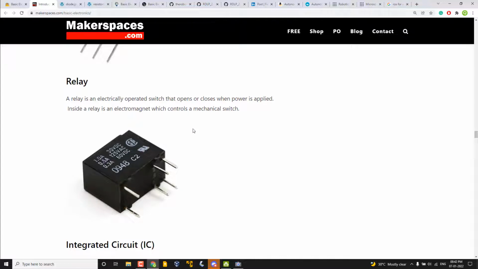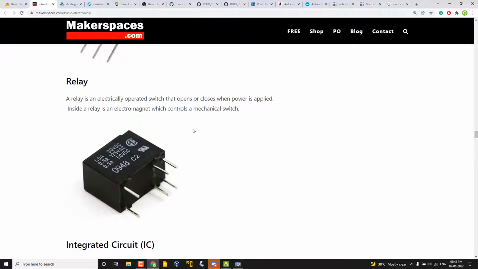In some cases, for example, if you want to build a home automation system, and you are talking to Alexa in order to switch off a light, how is that possible? We are not manually switching off, right?